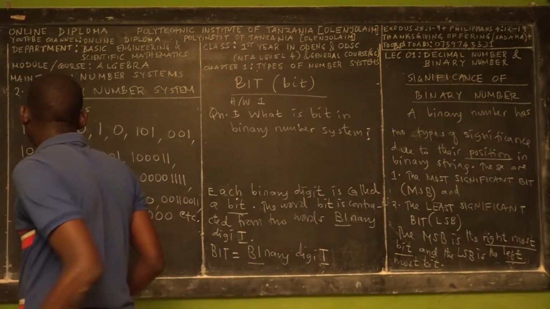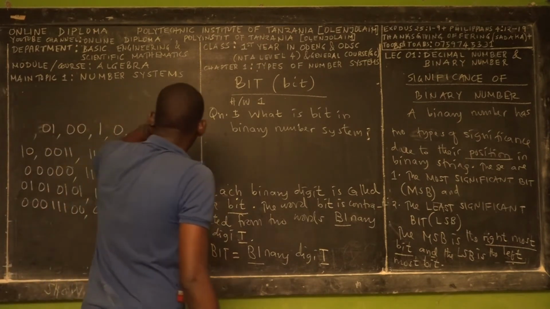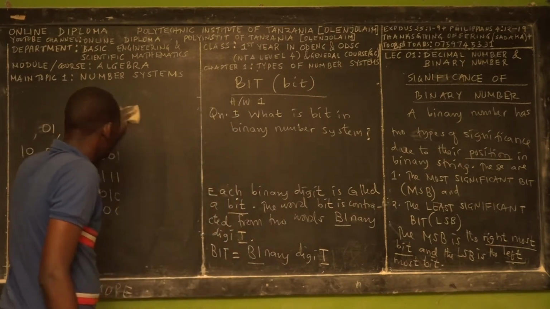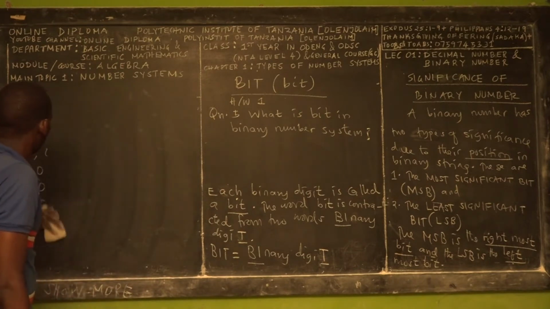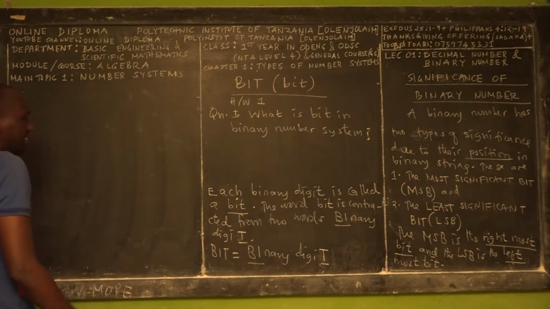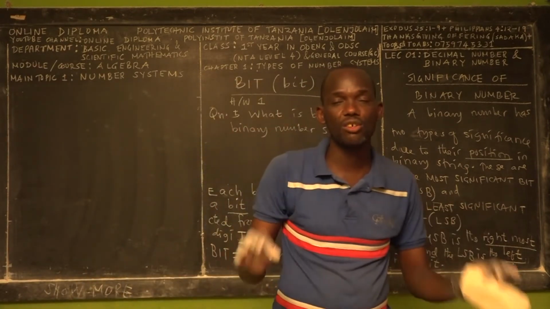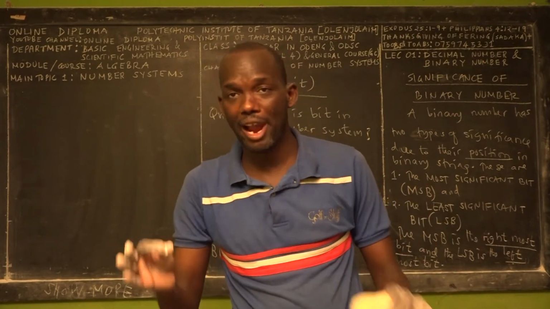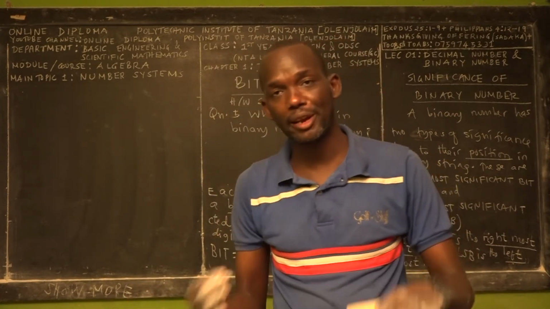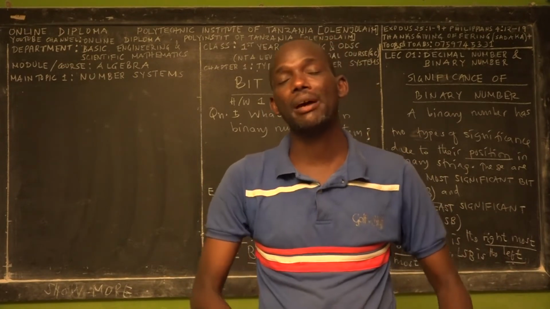Okay, so it means that we have the rightmost bit and leftmost bit. So you have the most significant bit and least significant bit, and these significant bits are very important in conversion of a decimal number into a binary number, or an octal number into a binary number, or a hexadecimal number into a binary number.